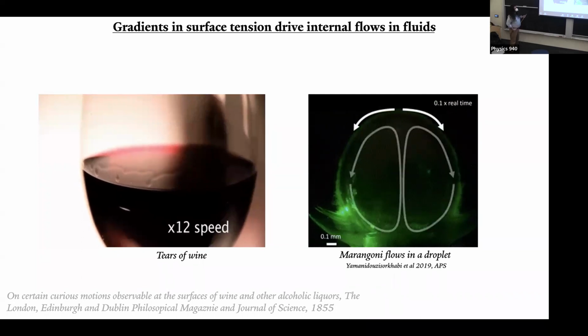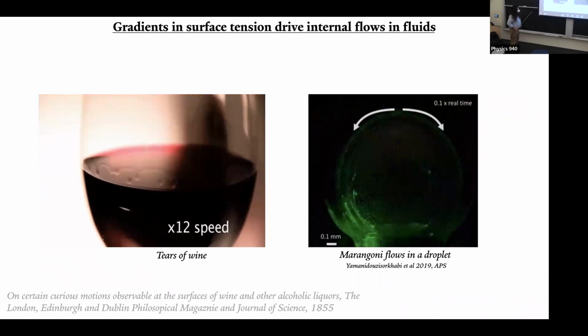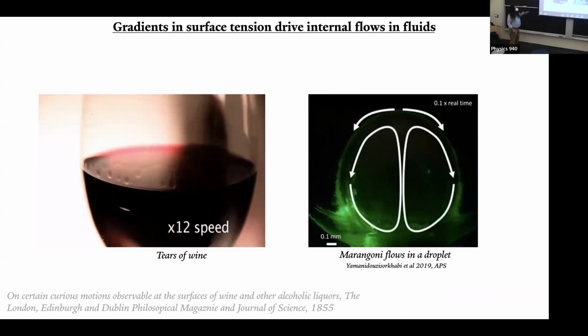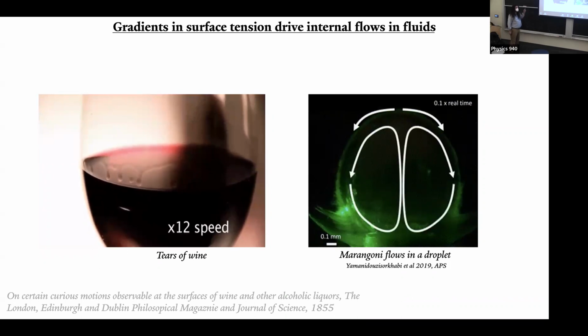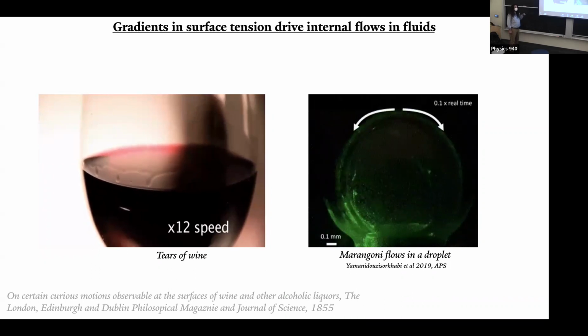For probably most of our favorite evening beverages, hopefully, surface tension will draw liquid up the wall. It'll evaporate, the surface tension will increase, it'll accumulate, get larger, and fall back down again. Actually, for the coffee ring effect, I believe that's a morning beverage, right? So perhaps for both of them, it actually matters.